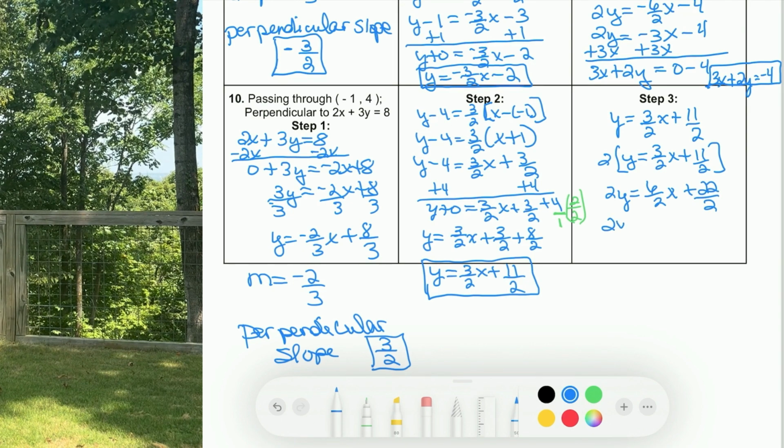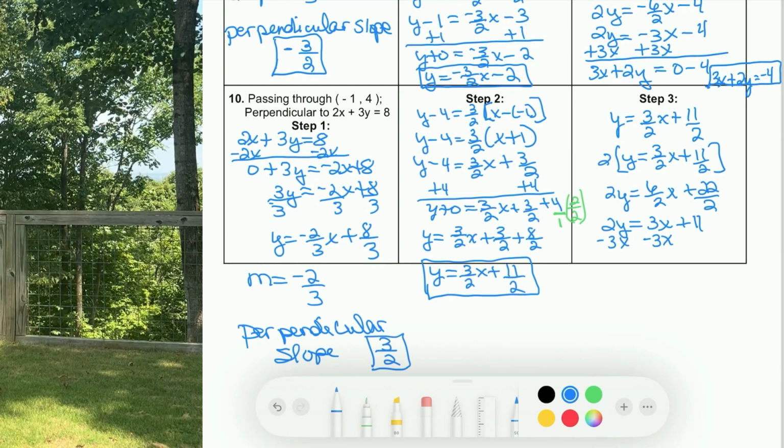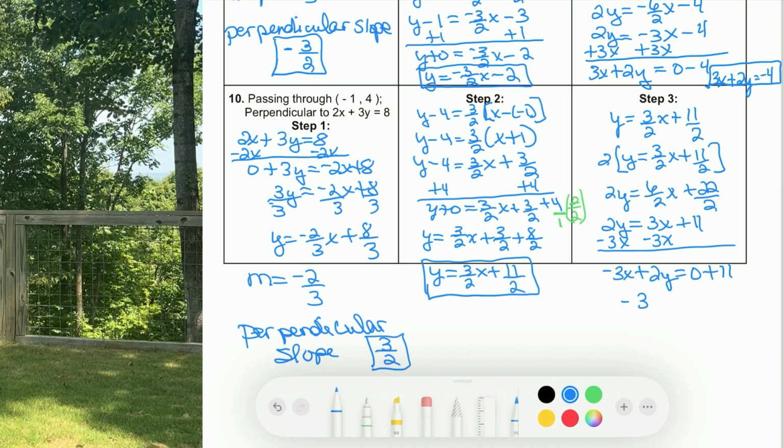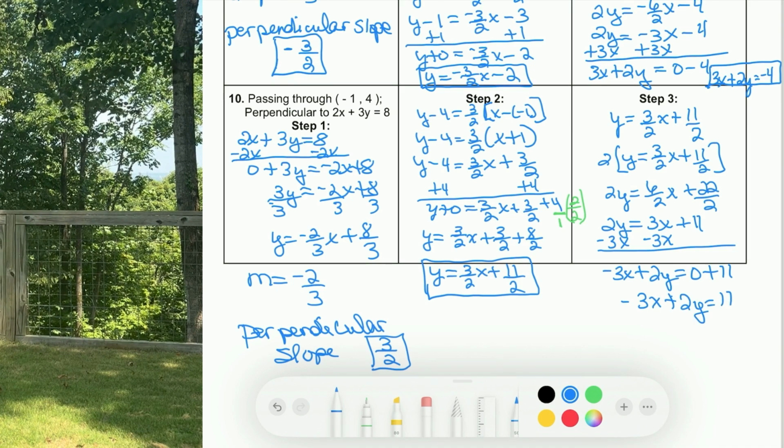That simplifies to 2y equals 3x plus 11. Now I'm going to move my 3x by subtracting it from both sides. I end up with negative 3x plus 2y equals 0 plus 11. And that becomes negative 3x plus 2y equals 11. And we are done with that one.